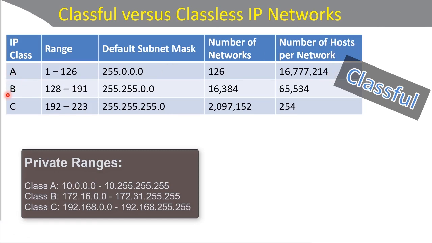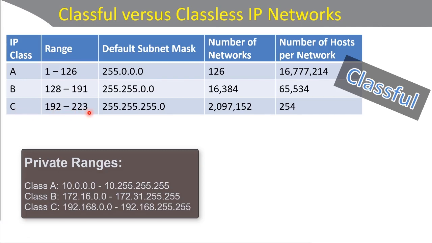So that's Class A. Class B, the range is 128 to 191. If you have a network within there, like, say, a private number like 172.16.1.1, the default subnet mask would be 255.255.0.0. In Class C, the range is 192 through 223.